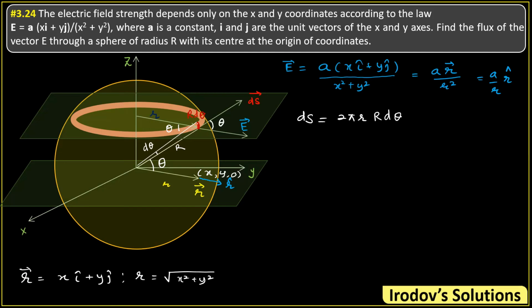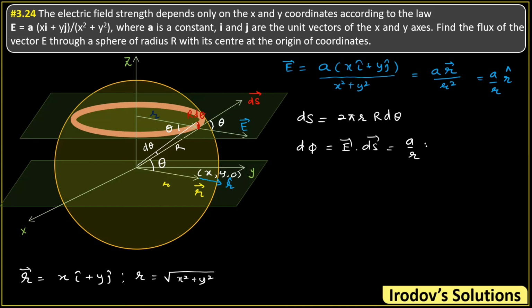At any point on this ring, the area vector ds and electric field E have an angle theta between them. So for this complete ring, the flux through this is d phi is equal to E dot ds. So we will write the magnitude of E there, that will be simply A by r.